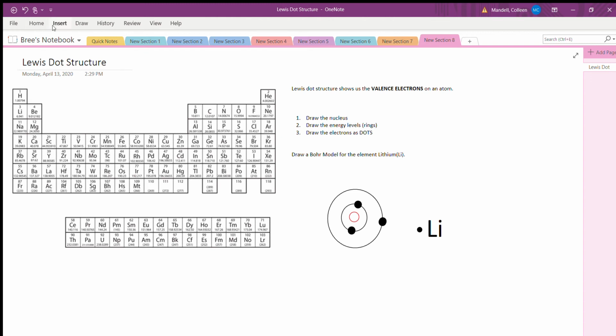Let's do one more in this video, maybe one that's a little more complicated. Let's do a Bohr model and Lewis dot structure for, I don't know, oxygen, which has the letter O for its element symbol.